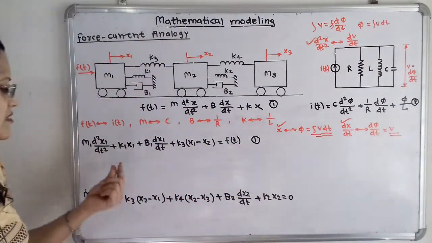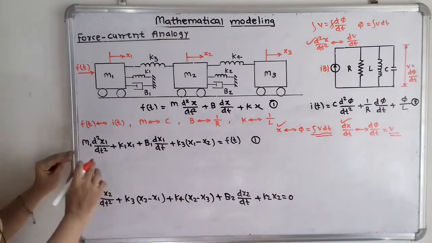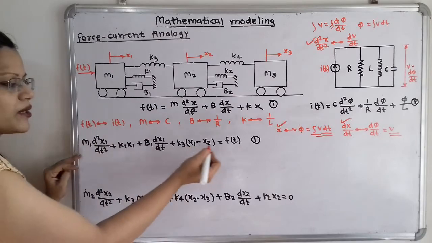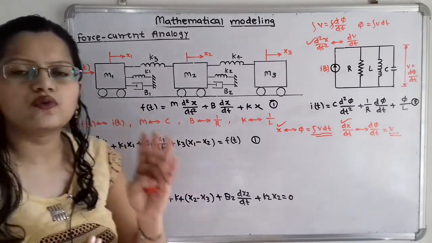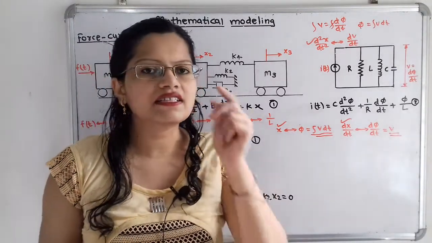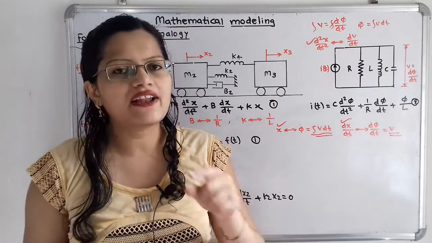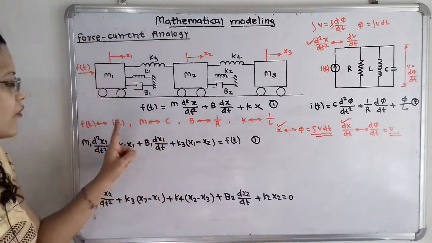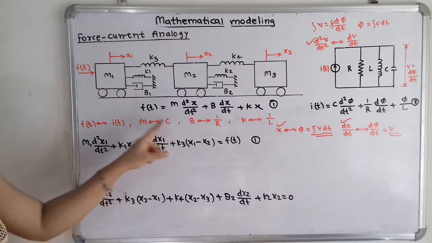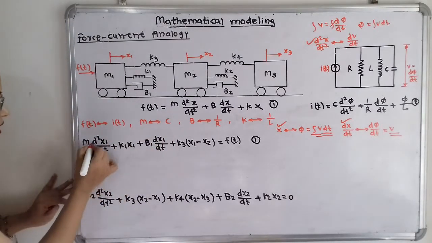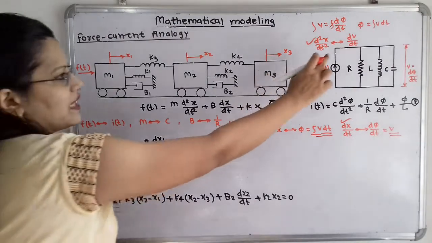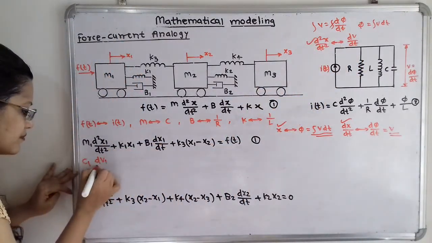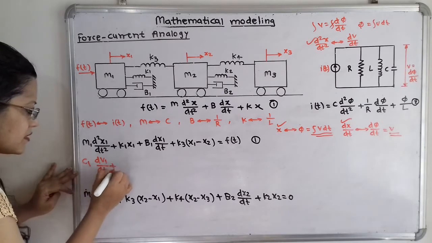So when we consider this first differential equation, how we can write m1. Now this suffix is also important, that is number 1, 2, 3. So we have to take these numbers also while we are converting into this analogous system. So instead of m1, I will take c1. So I will take c1 d square x1 by dt square, that is dv1 by dt, plus k1.